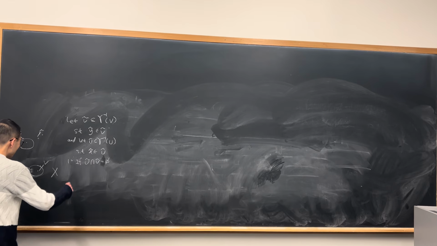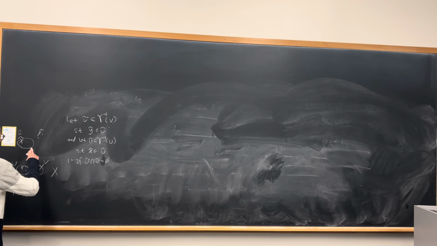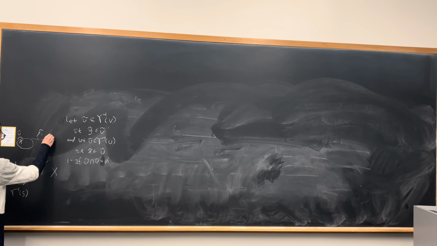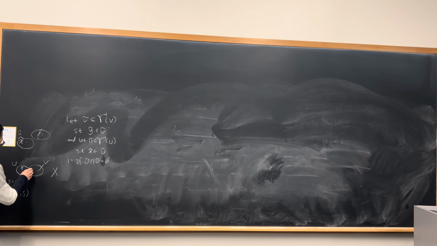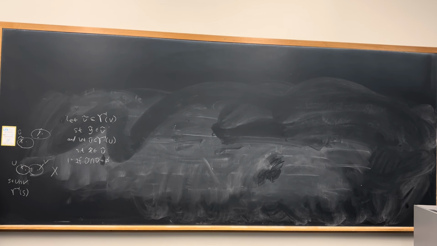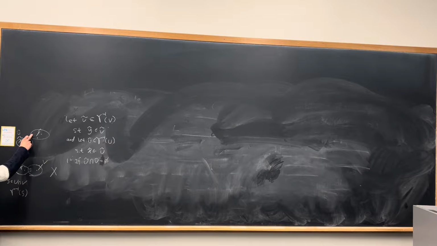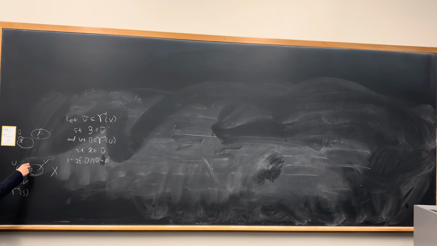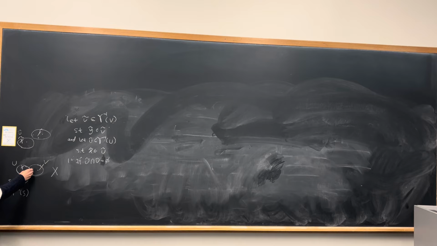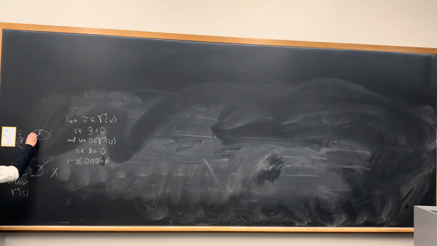The point is that because this is a point in common, if the intersection is non-empty, then I can produce this s that's in the intersection.